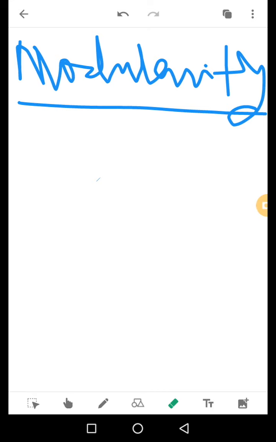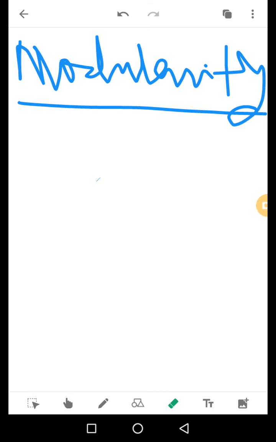Then the functions of each module will be independent. That is, one module will not need to depend on another module before it can perform its own function.